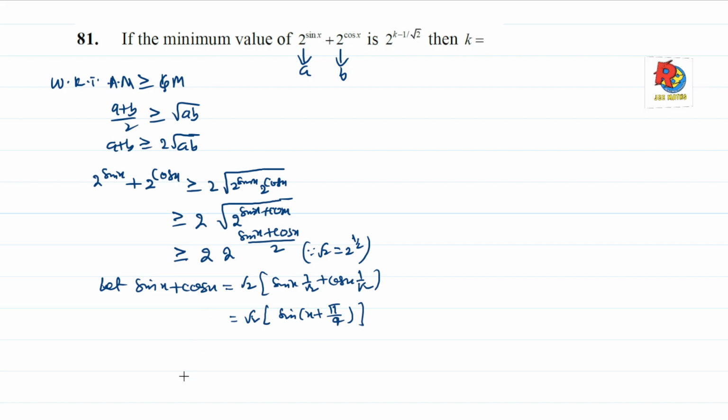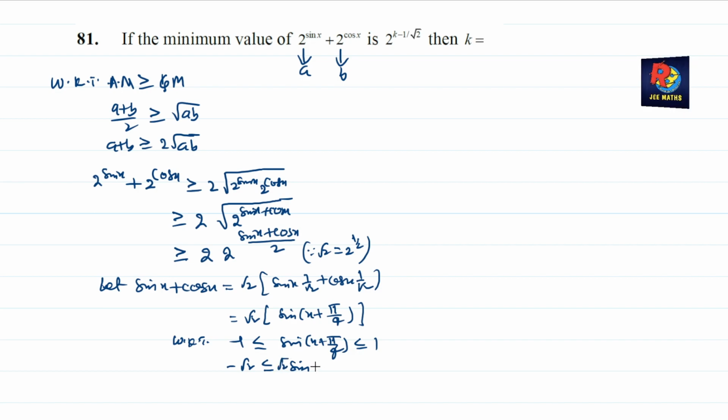Now here you can observe this. We know that minus 1 is less than or equal to sin of x plus pi by 4 is less than or equal to 1, but root 2 is there. Minus root 2 is less than or equal to root 2 into sin of x plus pi by 4 is less than or equal to root 2.